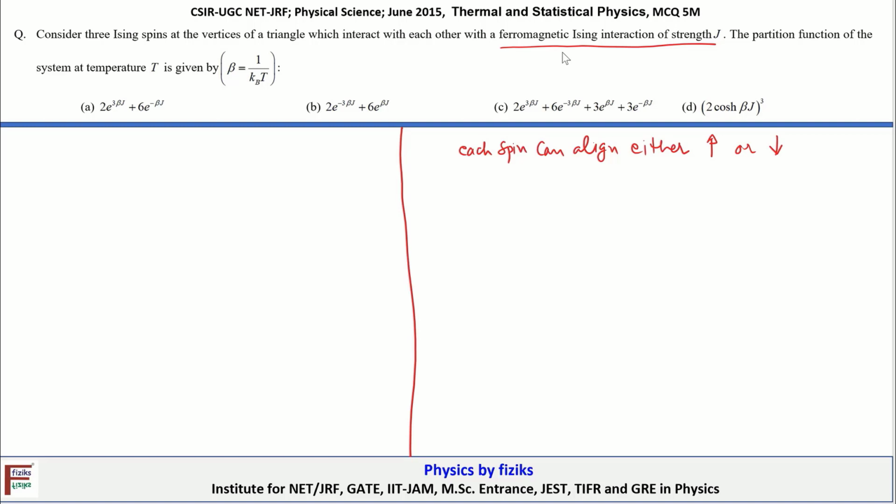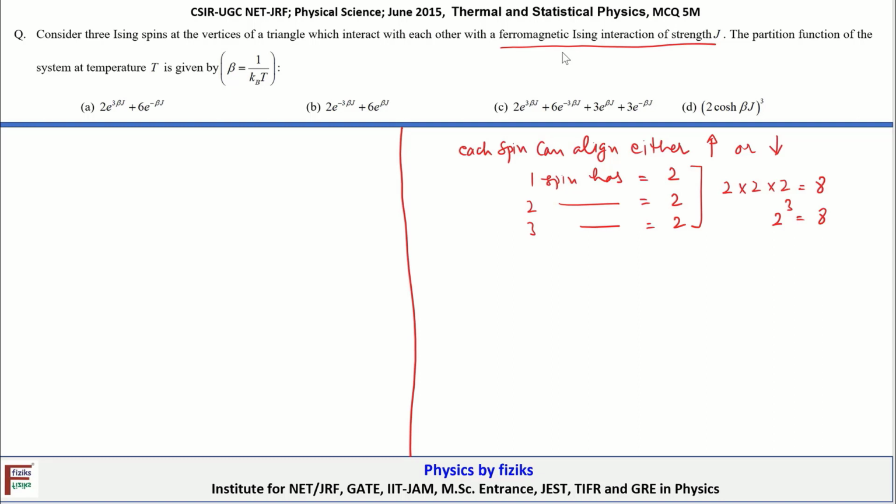There are two possibilities for each spin. So the first spin has 2 possibilities, similarly the second spin has 2 possibilities, and the third spin also has 2 possibilities. In total, the number of arrangements is equal to 8. The general rule is 2 power the number of spins, so 2 power 3, which is equal to 8.